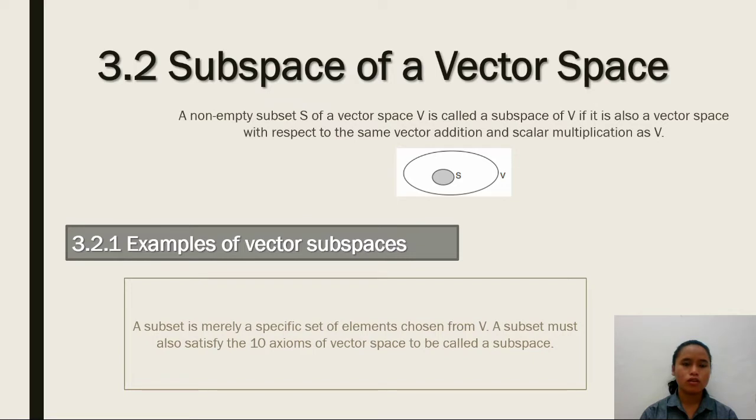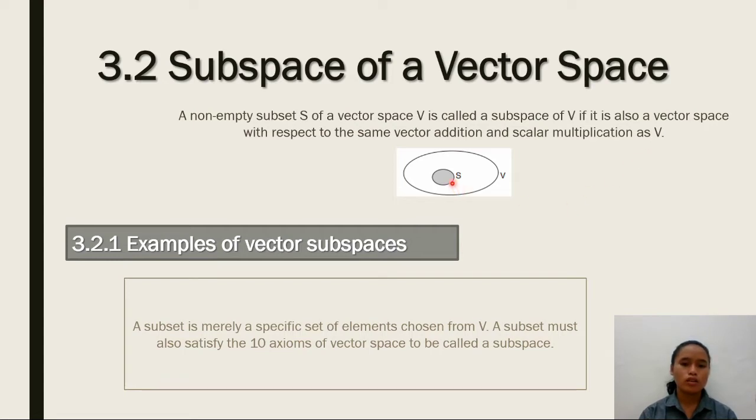We can call the subset S a non-empty subset of a vector space V. It is called a subspace of V if it is also a vector space with respect to the same vector addition and scalar multiplication as V, right?